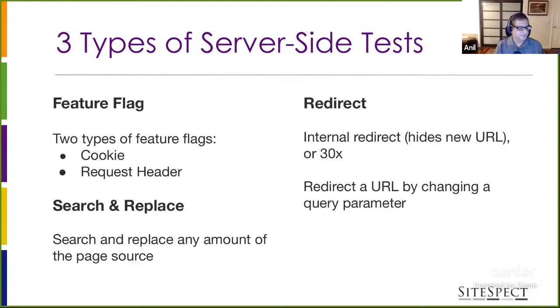Yeah, that was a good one. And then just to make sure it's super clear, with search and replace, SiteSpec is literally doing what you would do in Microsoft Word with find and replace, but for the source code. Obviously we can take advantage of pattern matching and stuff like that, so it's more robust than Microsoft Word find and replace, but that's essentially what it is.